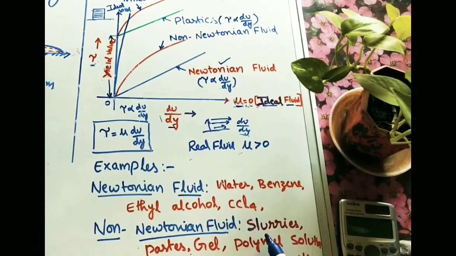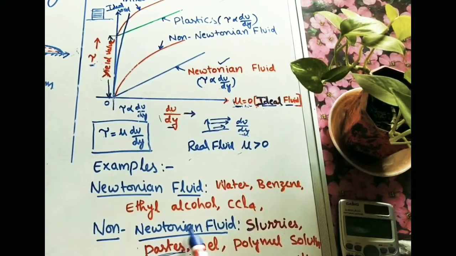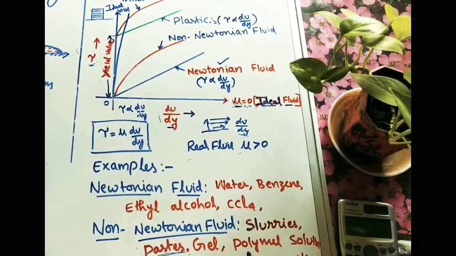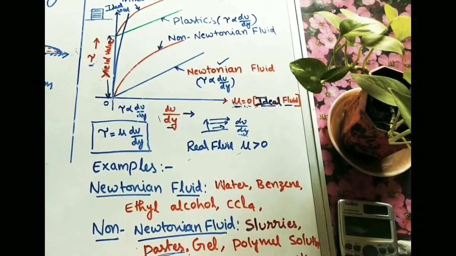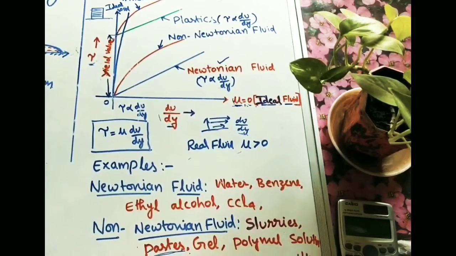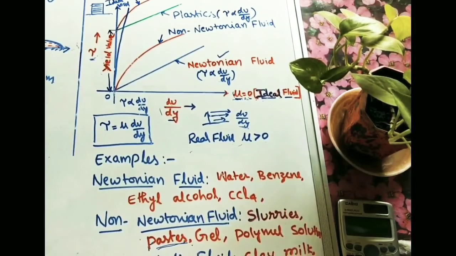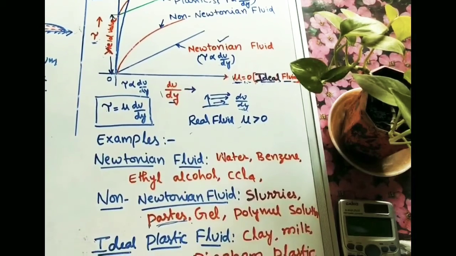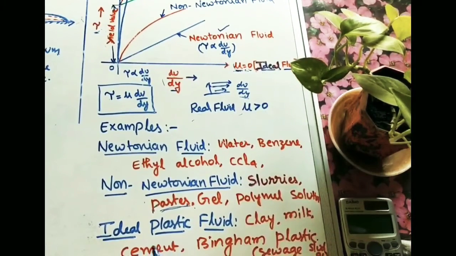We supply this as the coolant in machines during machining, in lathe machines, drilling machines, like that. And pastes, like toothpastes we use, those are non-Newtonian fluids, gel, and polymer solution. And after that, plastics, ideal plastic fluid. For ideal plastic fluid we can take clay, milk also, and cement, water plus cement, that solution is an ideal plastic fluid.